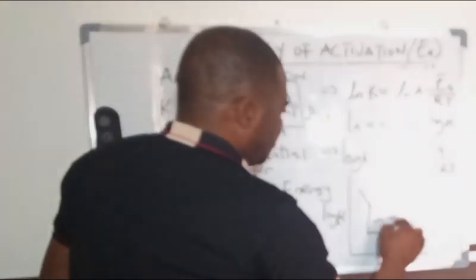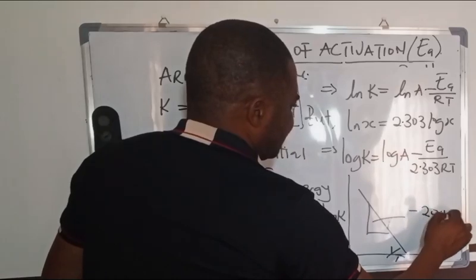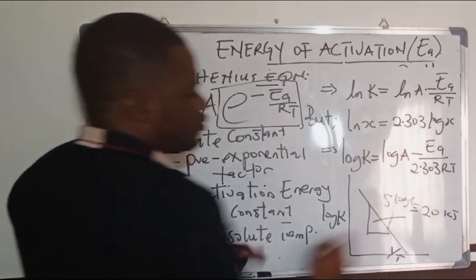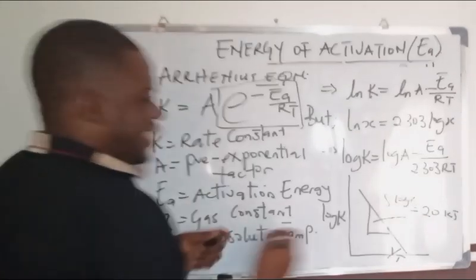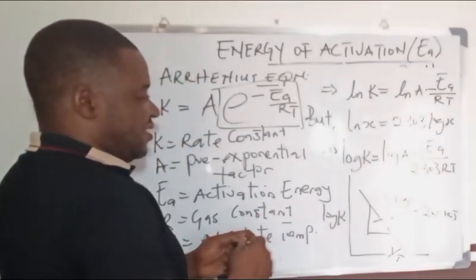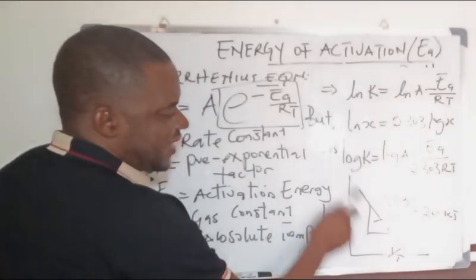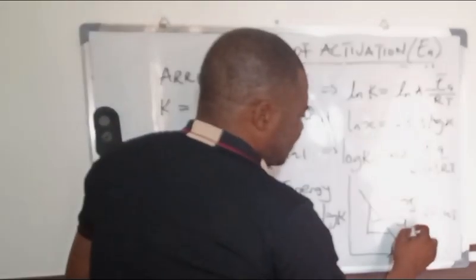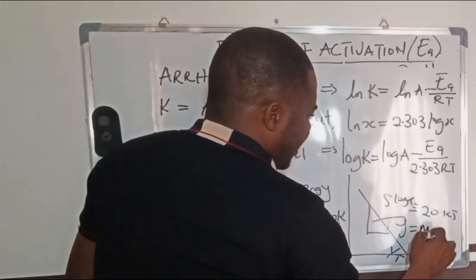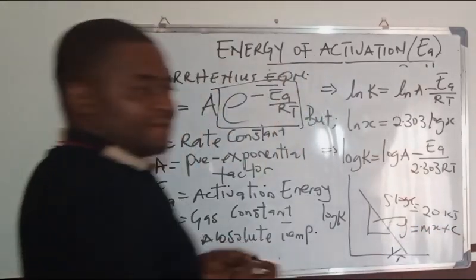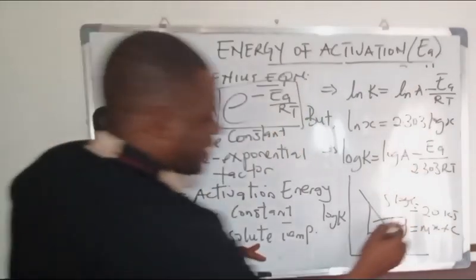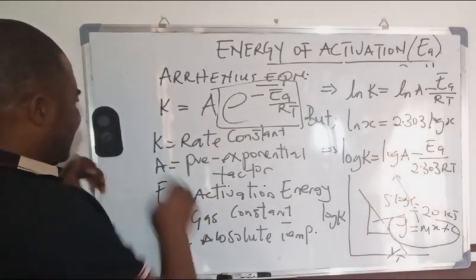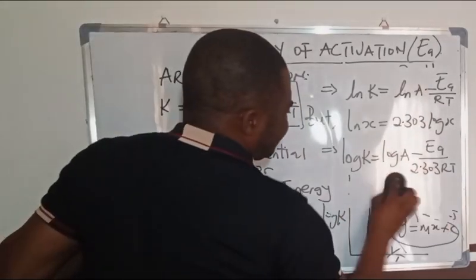And that there is a slope that is minus 20 kilojoule. If it is in this form, that means this particular line is a straight line graph. And for a straight line graph, we can define that mathematically as y equals mx plus c. So we can introduce this to this equation, and when we do that, this is what we're going to have.